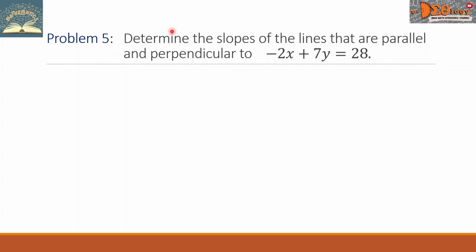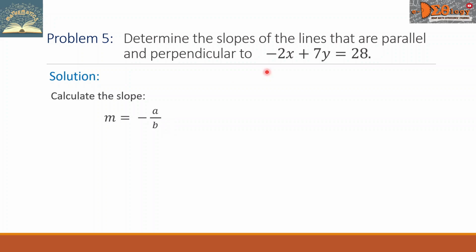Problem 5. Determine the slopes of the lines that are parallel and perpendicular to -2x plus 7y equals 28. We can first compute for the slope of this given line. The formula is m equals -a over b.